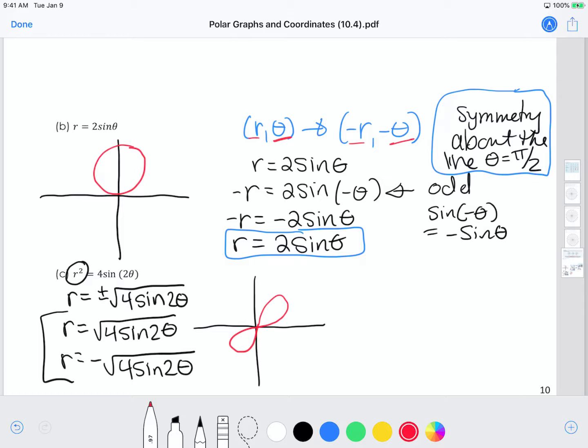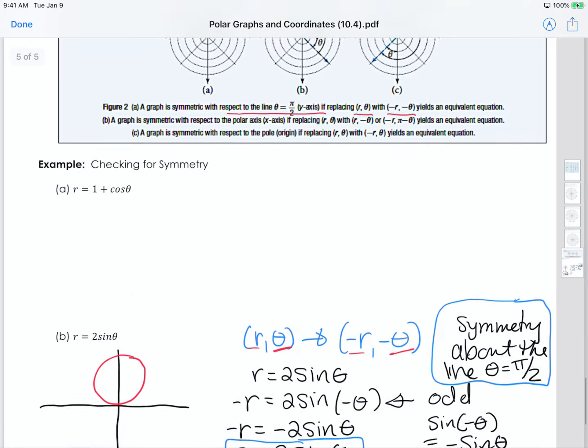If I fold it along the y-axis, or the line theta is equal to pi over 2, there's going to be no symmetry there, but there may be symmetry about the pole, or what we think of as the origin. So I'm going to do a test for the pole, symmetry about the pole.